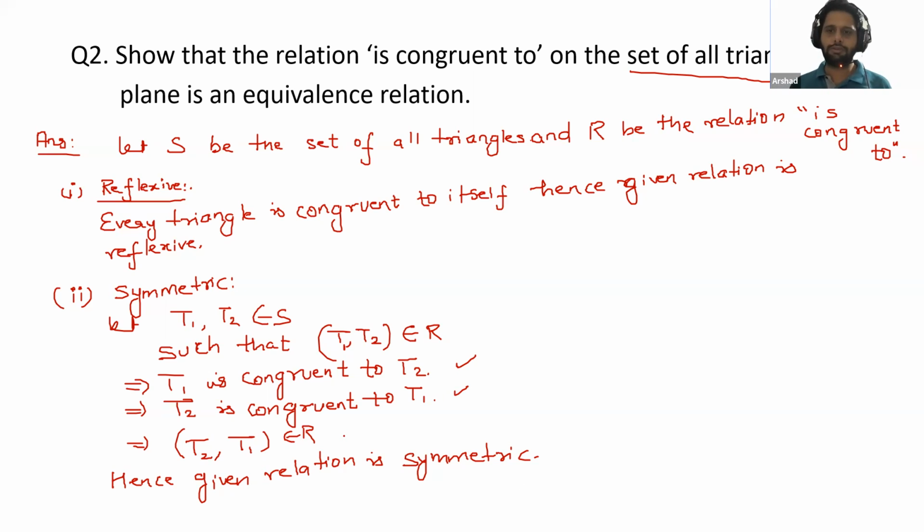Atif, Huzefa, Mazia, this is clear. Okay, good. Very good. So please note down these points and then try the third one. Third is transitive. So today, hopefully, we will complete this topic, relation, and we'll try to start the functions. Please note this down, let me know.